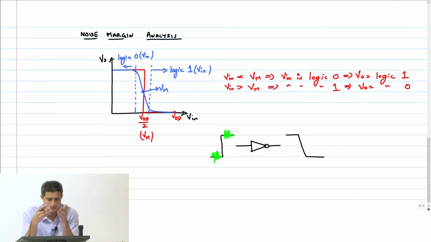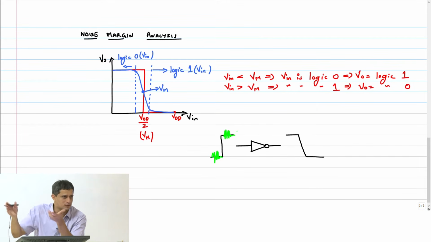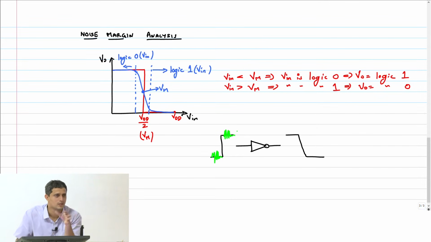Of course, in the transient region, that's a different case. You know, anyway, there is a transition, some noise here, there. We can't do too much there. But in steady state, any noise, the inverter must be immune to it, which means that the noise must get killed. Okay. So what does it mean to say that the noise must get killed?